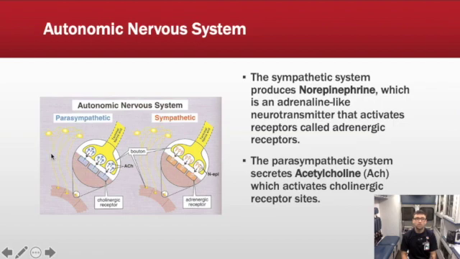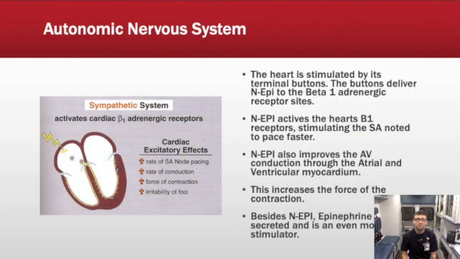So here you have your parasympathetic nervous system and your sympathetic nervous system, which are both part of our autonomic nervous system. In our sympathetic system, this activates beta-1 adrenergic receptors, which increases the rate of the SA node pacing, right?